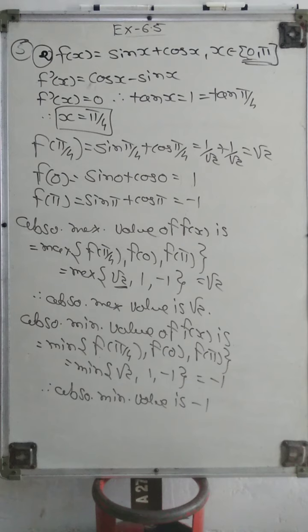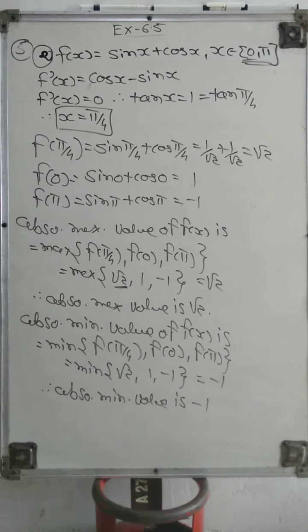In local, we find the first derivative, second derivative, first derivative equal to 0, and then the critical point is obtained, and we put it in the second derivative, and according to plus or minus, local minimum or maximum value is obtained. But in this absolute, global value, we can directly put f dash x equal to 0, then we find one critical point, then directly you find the value of the given function.